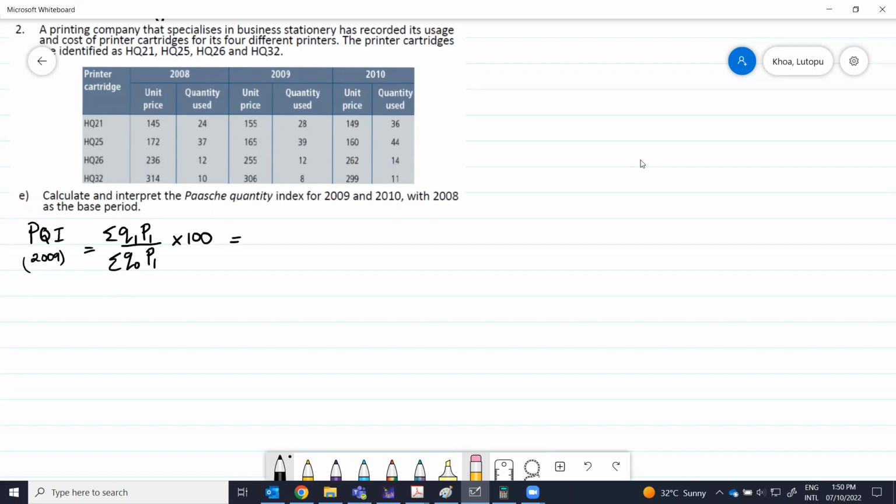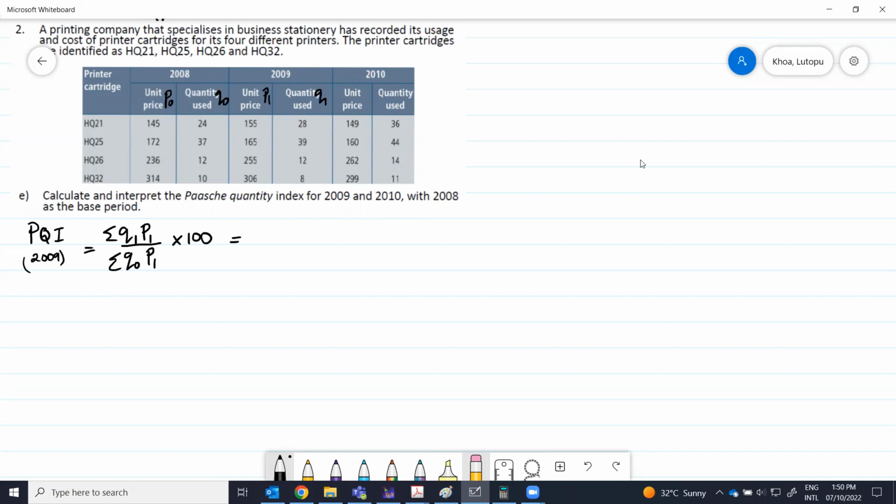So our 2008, that is still our base year. So this is P0, Q0. So 2009 here will be our P1, Q1. All right, so now we just substitute.